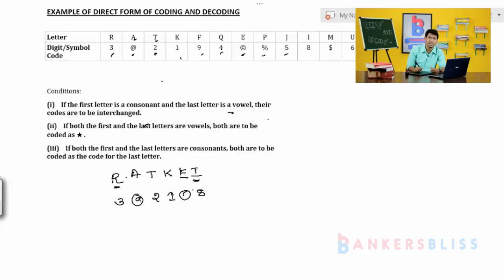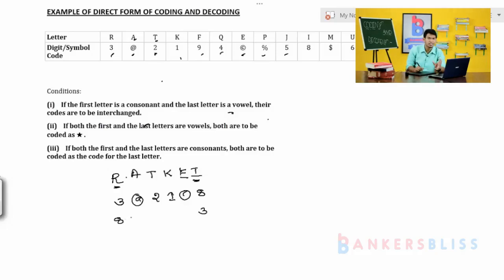What is the condition telling, guys? If the first letter is a consonant and the last letter is a vowel, their codes are to be interchanged. It is nothing but R, what is the code? That 3 is to be shifted to I, and I's code has to be shifted to R. It is nothing but 8.